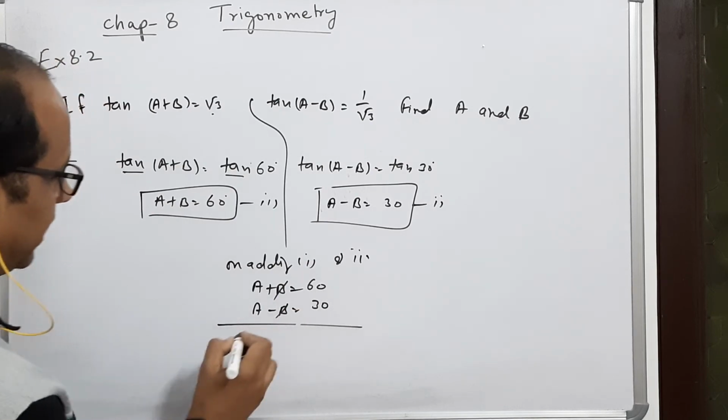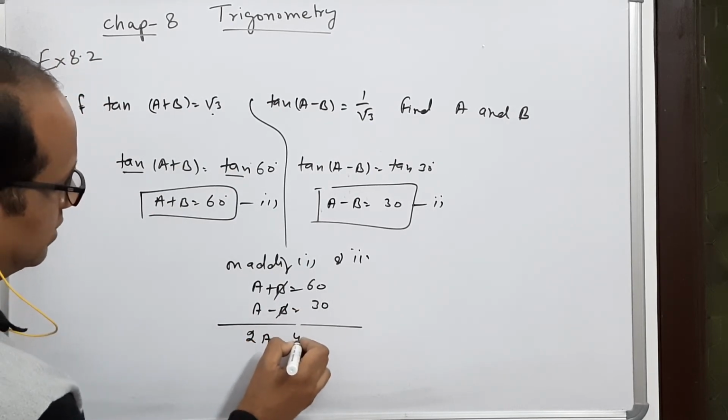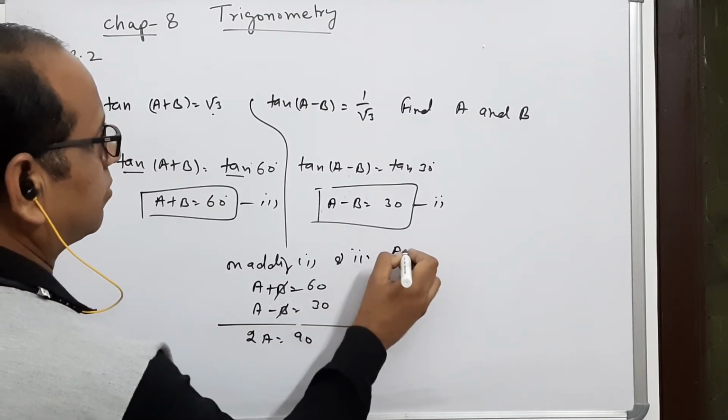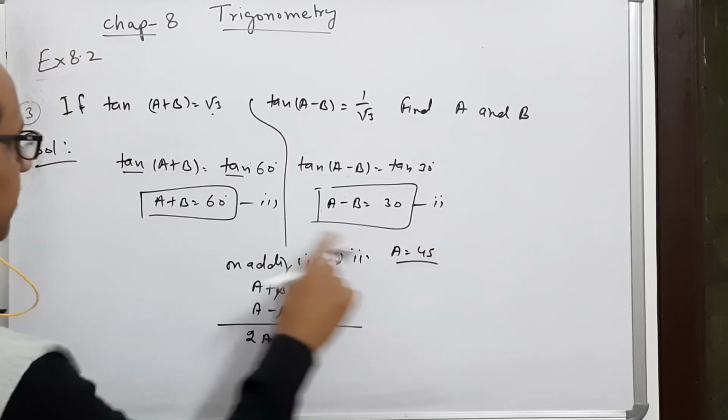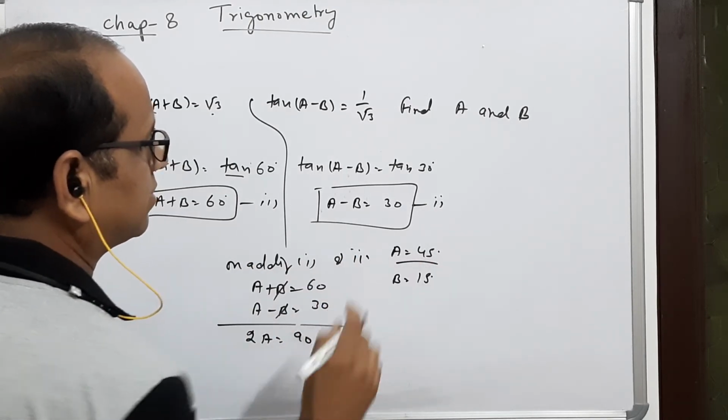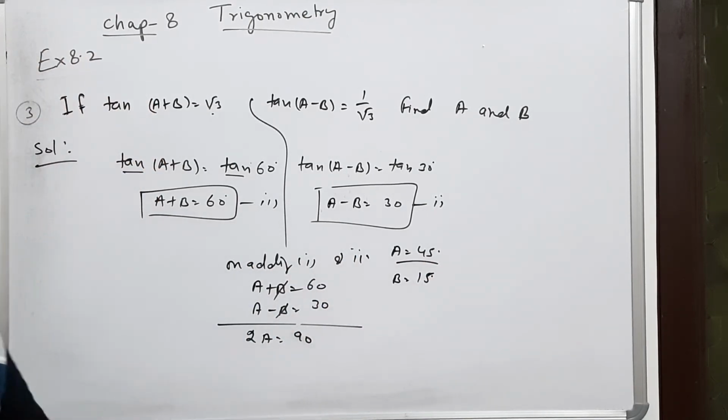So this b and b cancel. 2a is 90. So the value of a is 45, and if you put the value of a as 45, the value of b is 15.